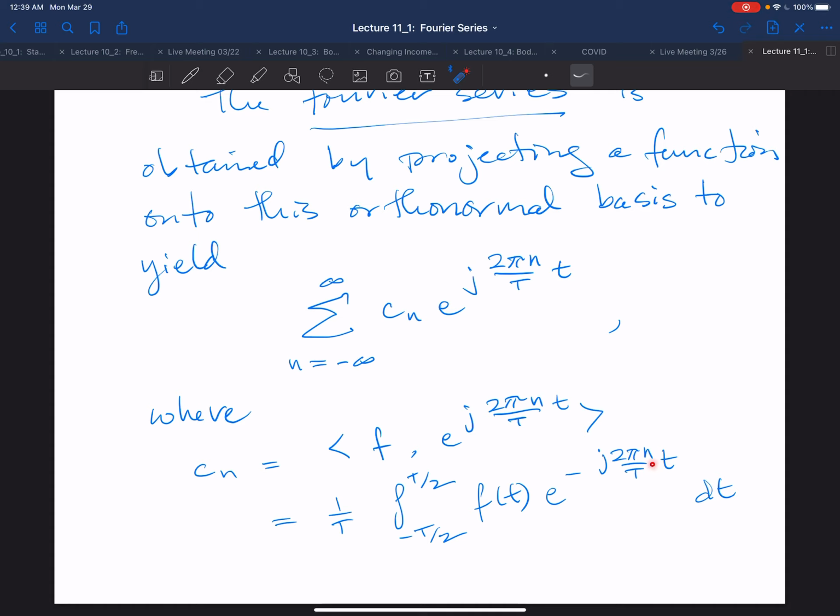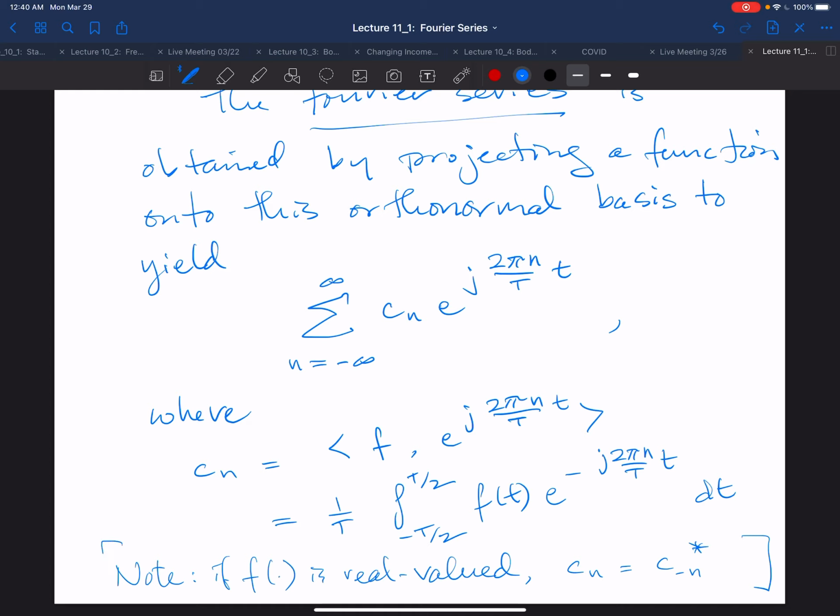So changing n to minus n just gives you the complex conjugate of this whole coefficient. So if our function f is real valued, c sub n equals the complex conjugate of c sub minus n.